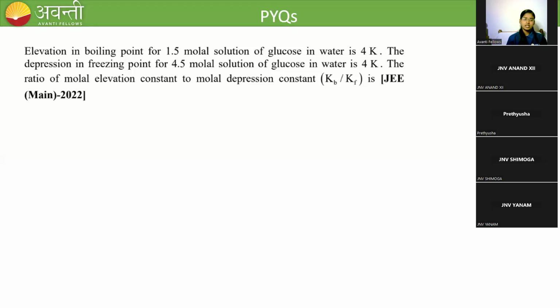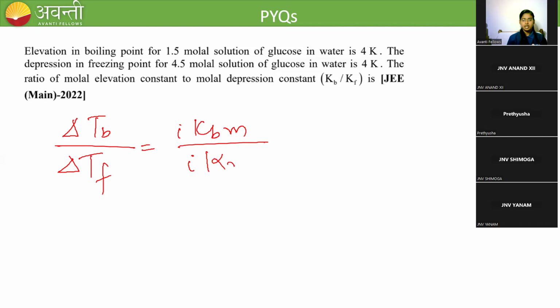So let me take the relation. Delta Tb is equal to i into Kb into m. So delta Tb by delta Tf is equal to i into Kb into m divided by i into Kf into m. So i and i get cancelled. The change in the boiling point and freezing point is given as 4 Kelvin, 4 Kelvin.